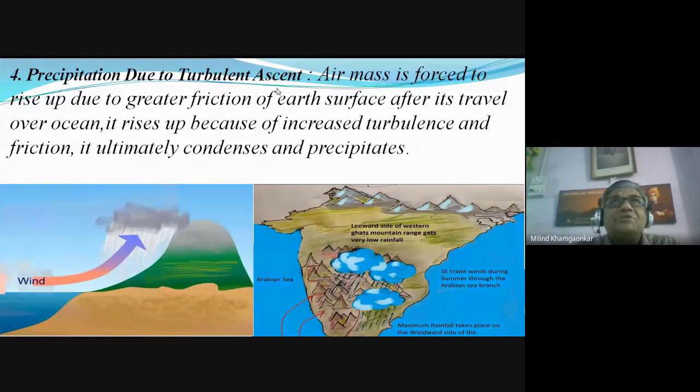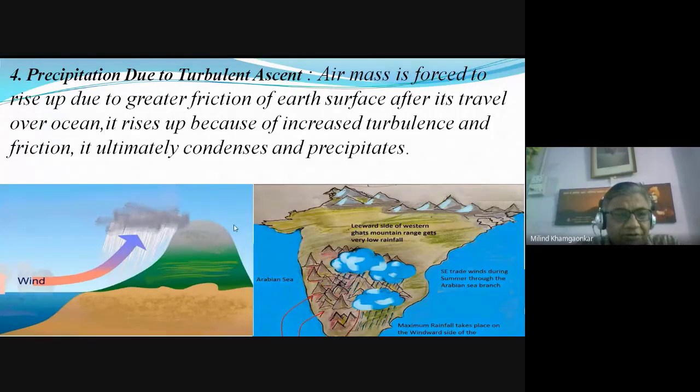And last but not the least is precipitation due to turbulent ascent. Sometimes, due to atmospheric changes, formation of turbulent air movement, the warm air gets lifted over the cold air due to atmospheric movement like hurricanes, etc. And due to this turbulence, the rainfall occurs.